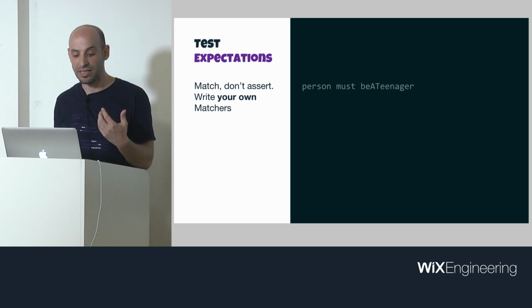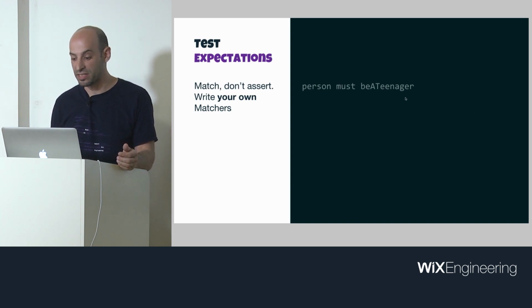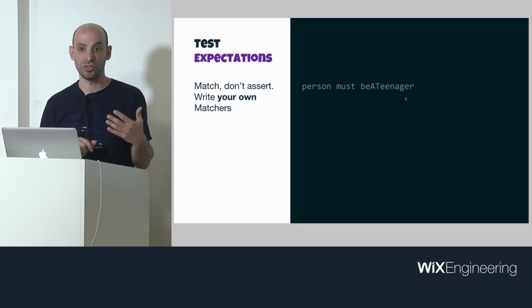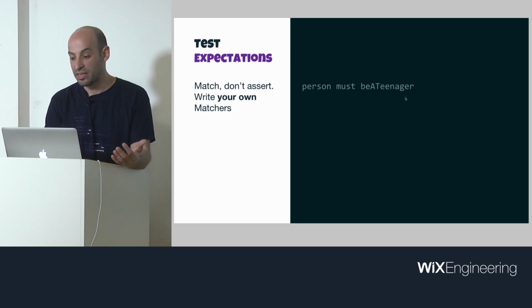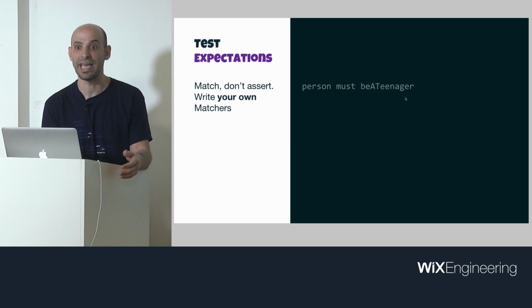What I'm saying is, if you write your own matcher or your own validation, for example, in this case, I wrote my own custom matcher that checks that it matches some expectation. For example, be a teenager implementation: the age should be, I would say, 13 to 19.